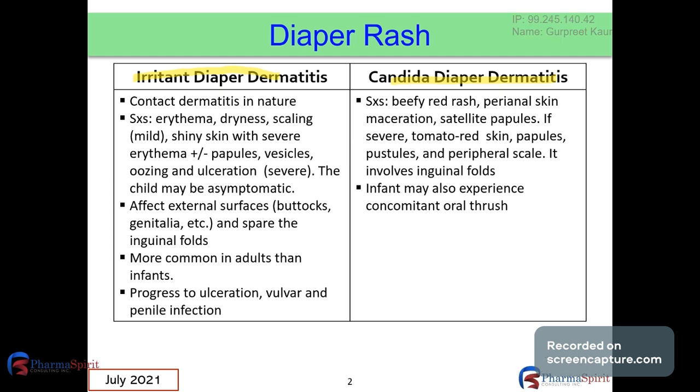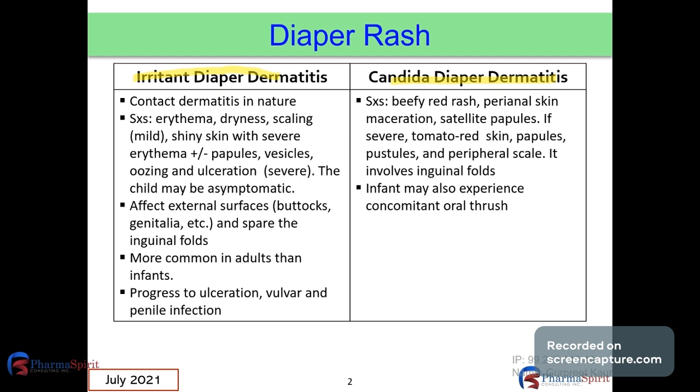When you have a baby who is a little bit chubby, there are folds in the inguinal region. If you try to gently open these folds in irritant diaper dermatitis, the folds are clean. In Candida, you may find spots inside the folds. That's an important differentiation point between irritant diaper dermatitis and Candida diaper dermatitis.